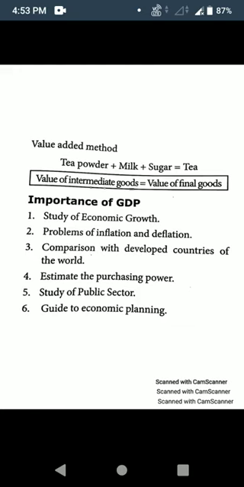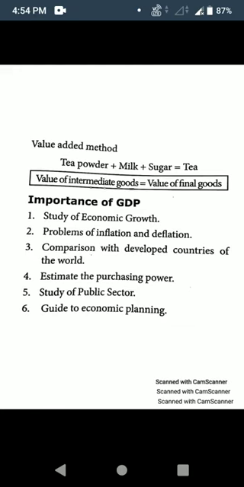Comparison with the developed countries of the world also is very, very important. Next one, estimate the purchasing power. It is more important. GDP helps us to estimate the purchasing power also. Okay. Next one is the study of public sector.